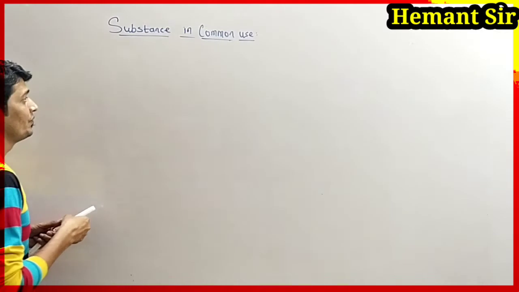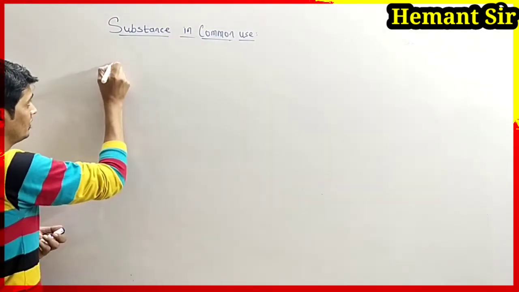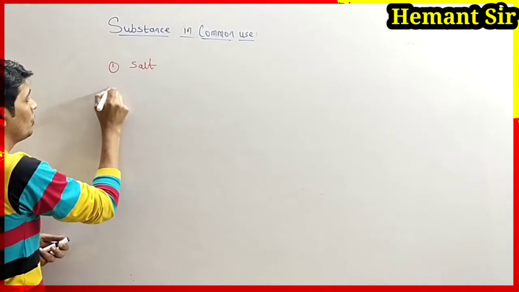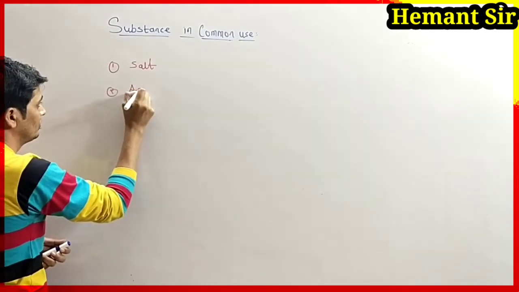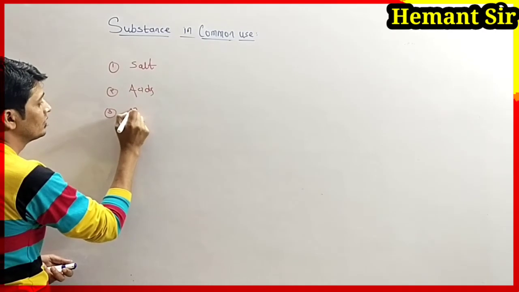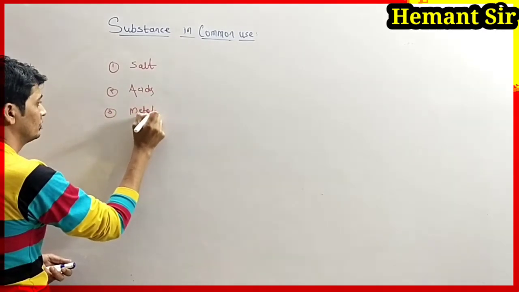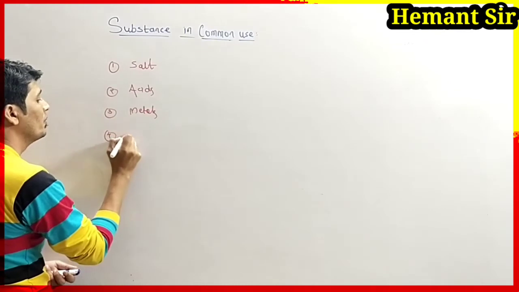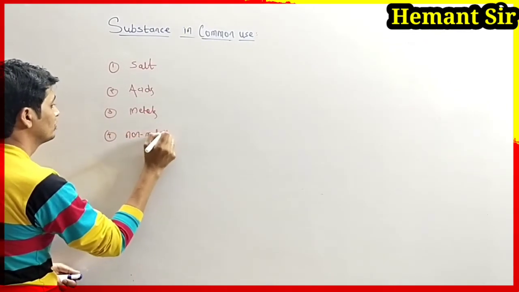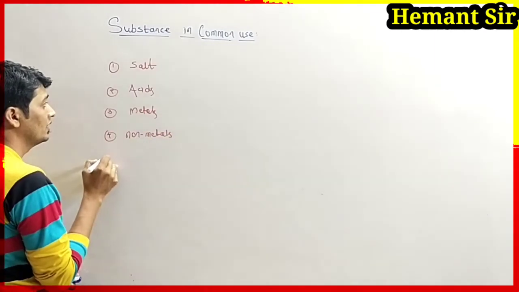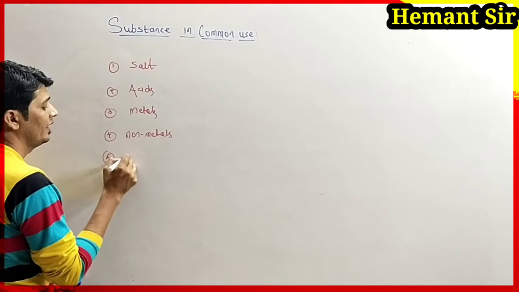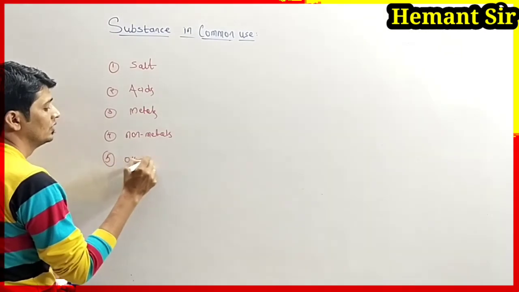So first we have salts, then we have acids, we have metals, we have non-metals, and other substances and other compounds.